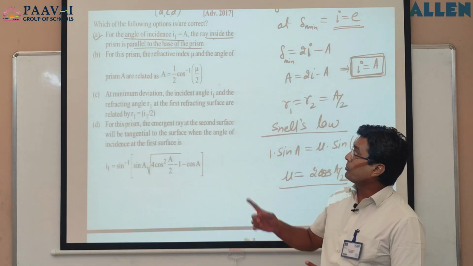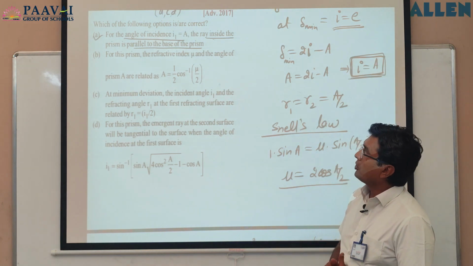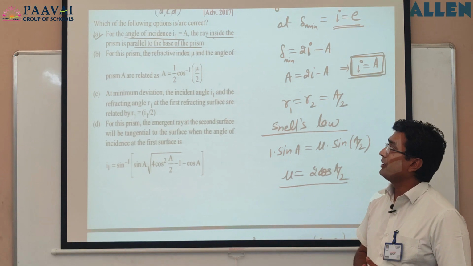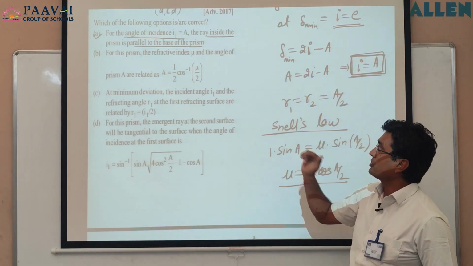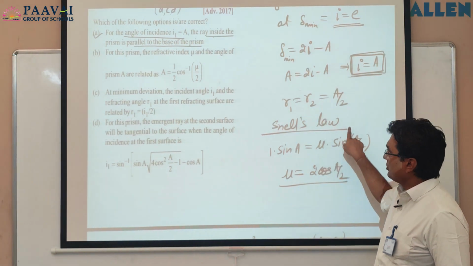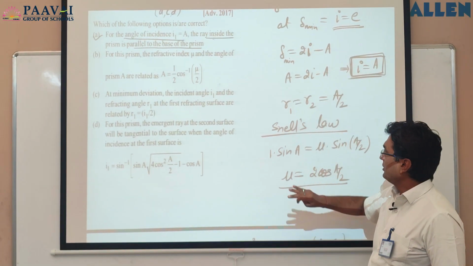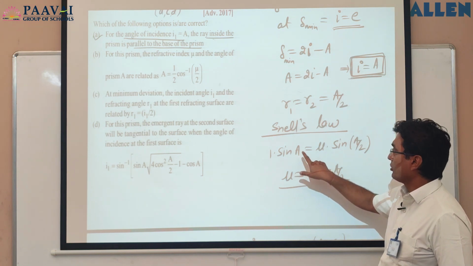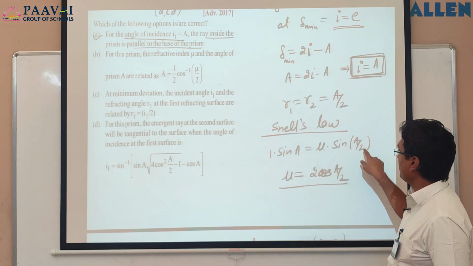We will go for the second option. It says that for this prism, the refractive index mu and angle of prism A are related as A equal to half of cos inverse of mu by 2. You can just see the screen here. If you apply Snell's law for the first refraction, we will be getting 1 into sin A, because the angle of incidence is equal to the angle of prism, equal to mu into sin of A by 2.